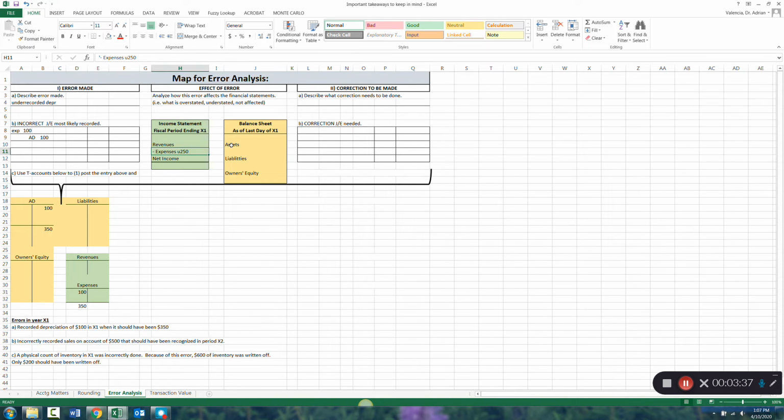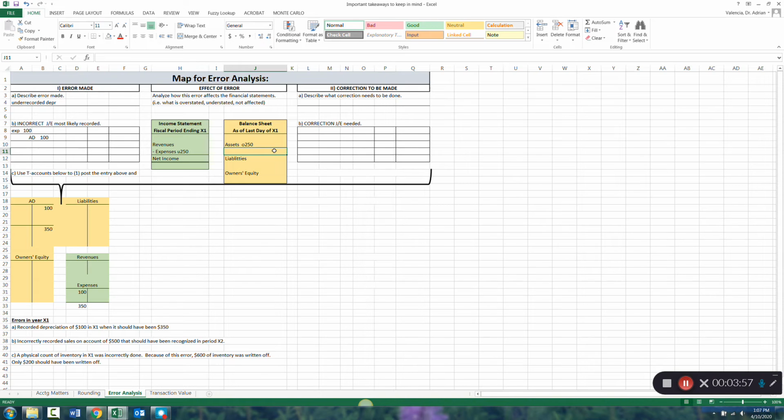So because of that, assets are overstated. Okay? Overstated by $250, the difference. And for me, this is just the easiest way to think about it. I look at the incorrect journal entry, what it's missing, and then that's how I analyze how it's affected.